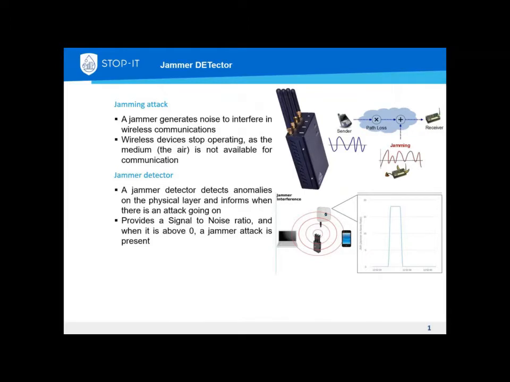For example, if you have a Wi-Fi connection, the problem with a jammer is that it generates so much noise that you're unable to determine what is a wireless signal coming from your Wi-Fi or a wireless signal coming from the jammer. And therefore, you cannot even translate the physical wireless signal back into information.